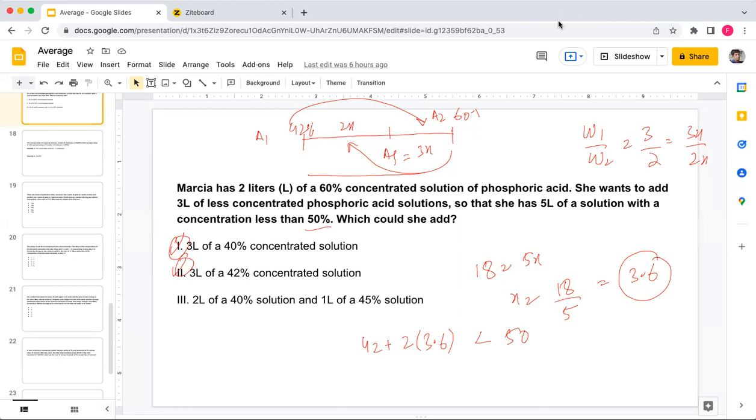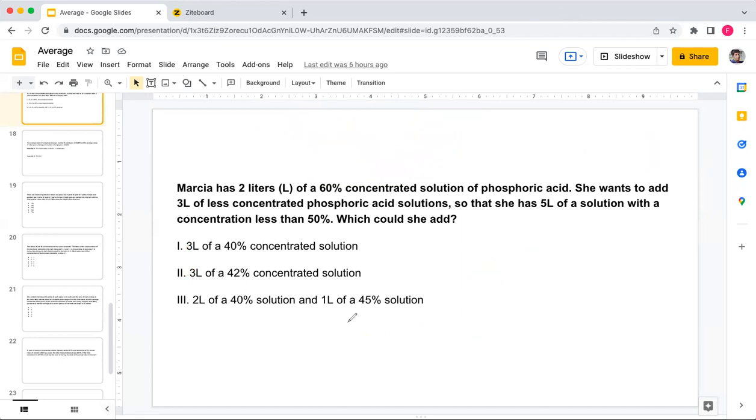And now if you see the last part, let's proceed with the first one, then move to the second one. So first one, we have 2 liters of 40% solution. This is 40% and the bigger one is 60%. And this is the average. This is A1 and this is A2. What is W1 over W2?